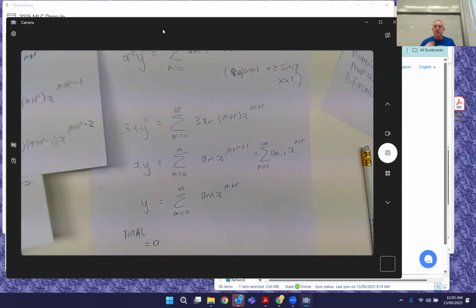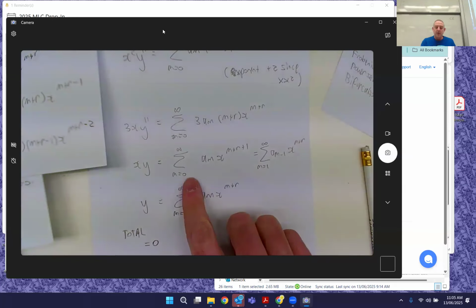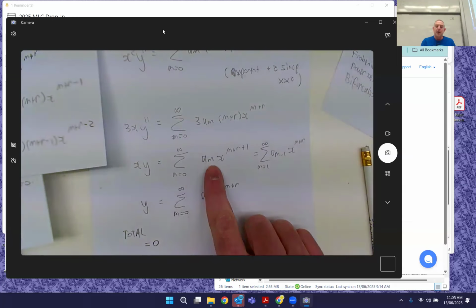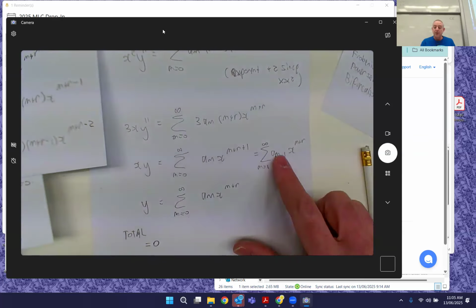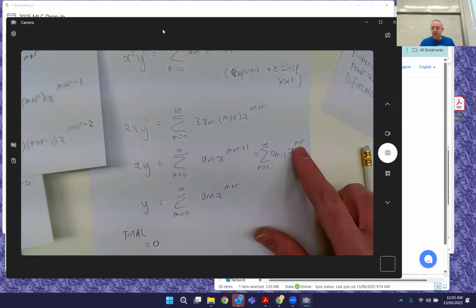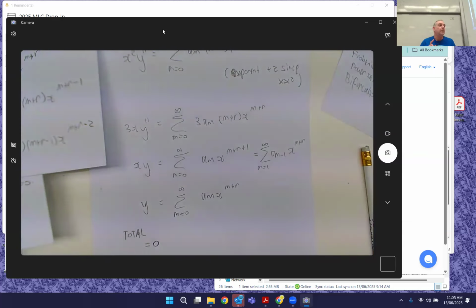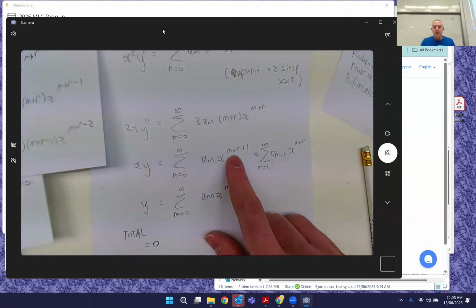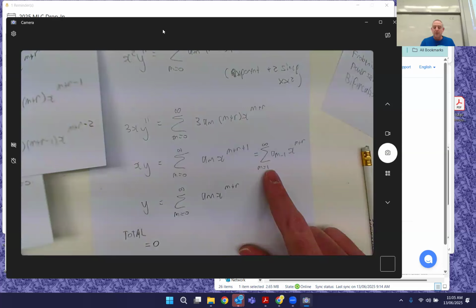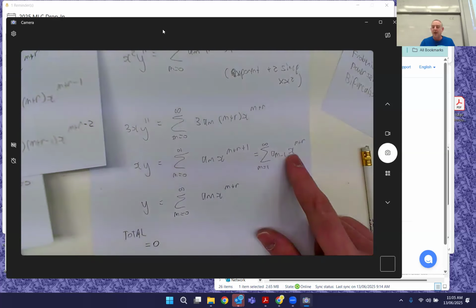And just to check that it's all working out correctly, if m is 0 here, I get a0 x to the r plus 1. And if m is 1 here, I get a0 x to the 1 plus r. They are the same. And if m is 1 here, I get a1 x to the r plus 2. And when m is 2 here, I get a1 x to the r plus 2.